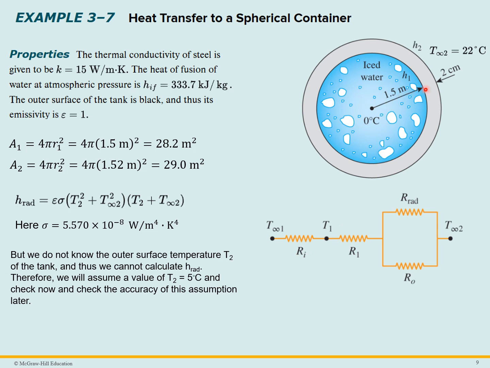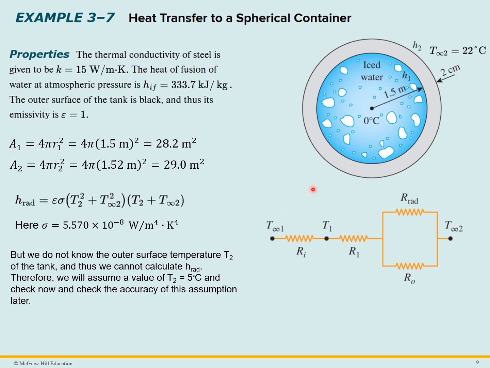Then you go through the sphere. That's R1, and then from the outside you actually have two values. You have the radiation value, and then you have the convection value. And these are in parallel. And then finally you get to the room temperature of the outside of 22 degrees C.